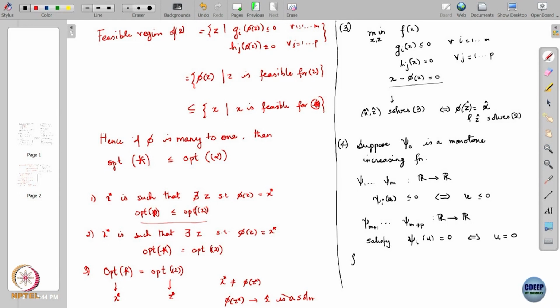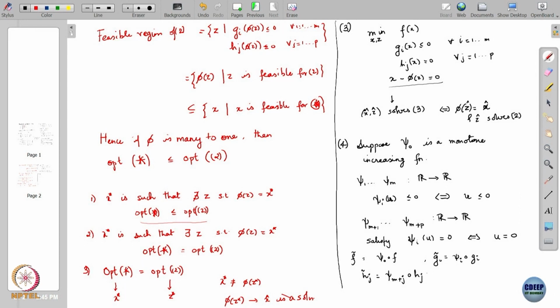Now you define f tilde as psi 0 composed with f, and g tilde i as psi i composed with g i, and h tilde j as psi m plus j composed with h j.